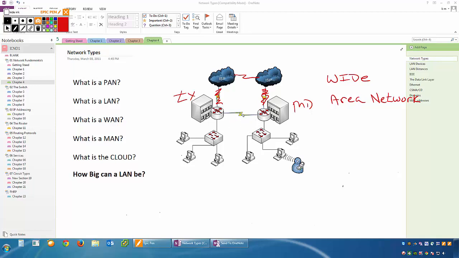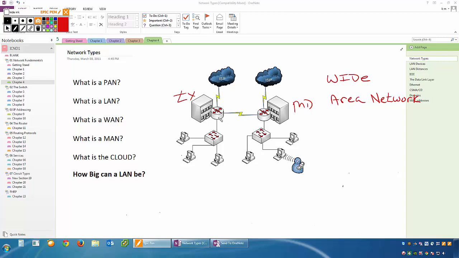And this will be your WAN, your wide area network connection. Or maybe you do have it just like this. You have a connection between your two routers, and you have your connections to the internet. And I can communicate from Texas to Maryland between this link right here or through the internet.